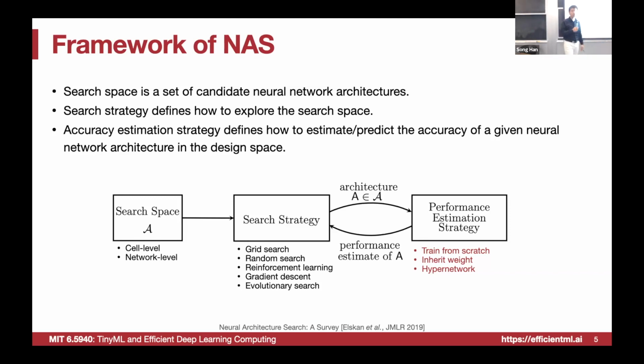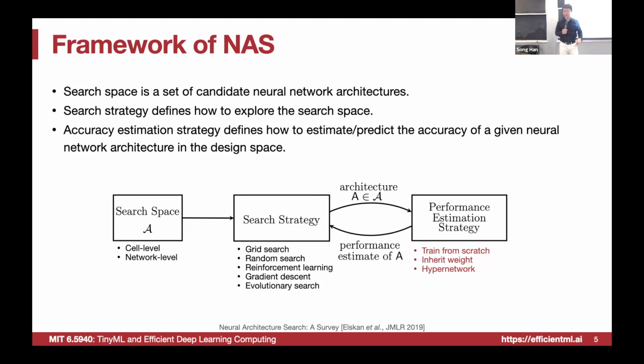We are actually going to try that in the homework, using reinforcement learning, using gradient descent, making latency differentiable, like we talked about in the lecture. And finally, the evolutionary search, which we are going to implement in lab 3. So in this lecture, we'll focus on, given an architecture, how do we quickly estimate the performance, which is the accuracy?